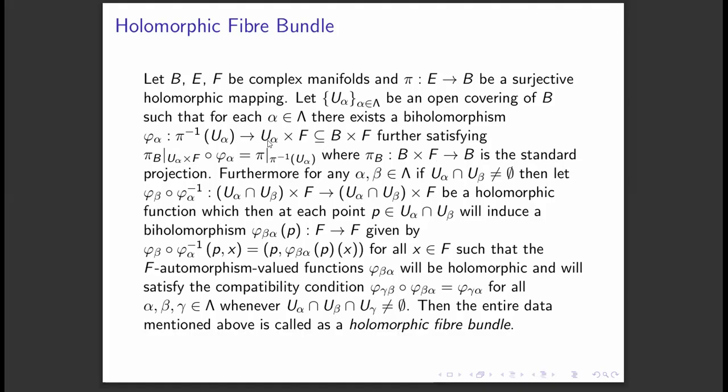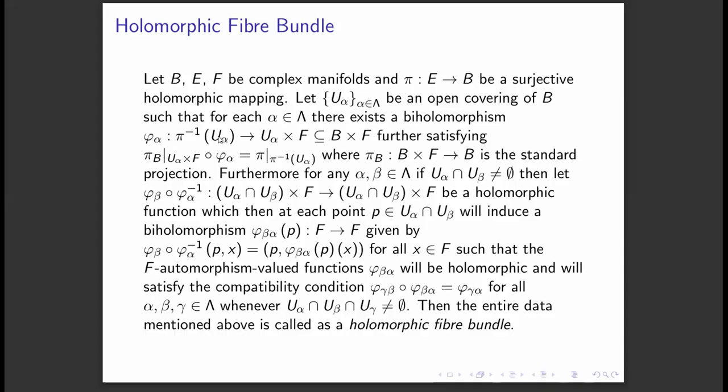But locally trivial fiber bundles are ones where in every local open set we have this biholomorphism. So locally this total space E looks like B cross F. For all of these π inverse of U alpha, we have a biholomorphism with U alpha cross F, and we call these local trivializations phi alpha.